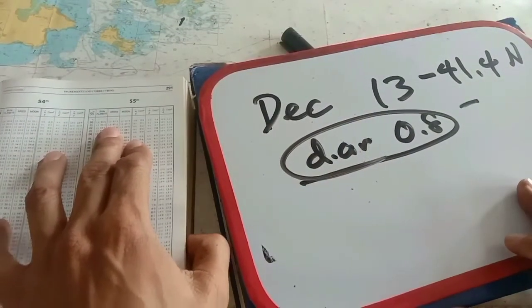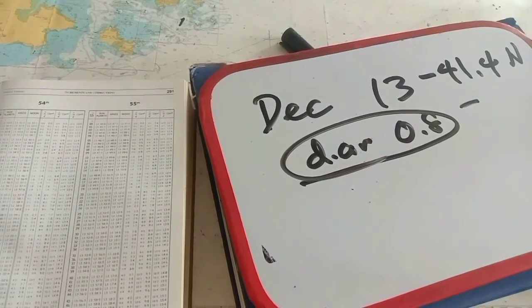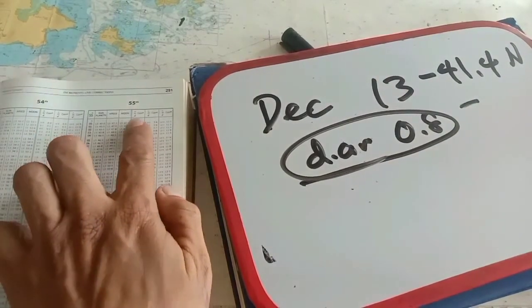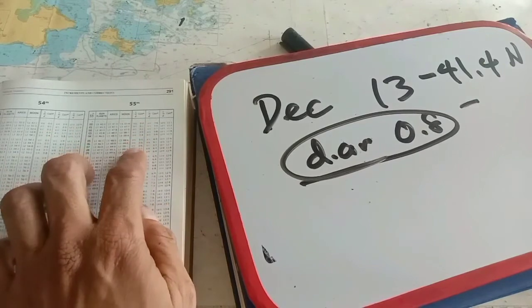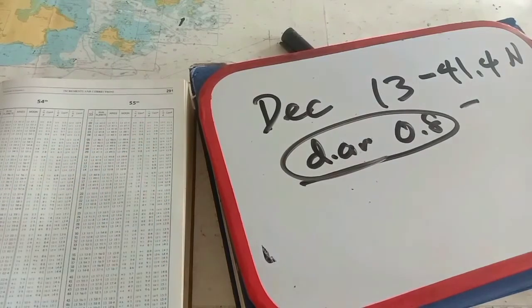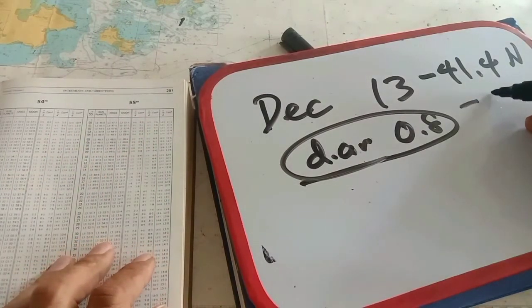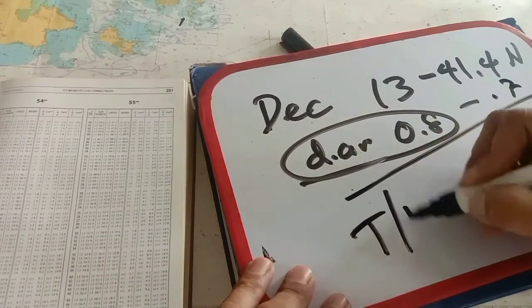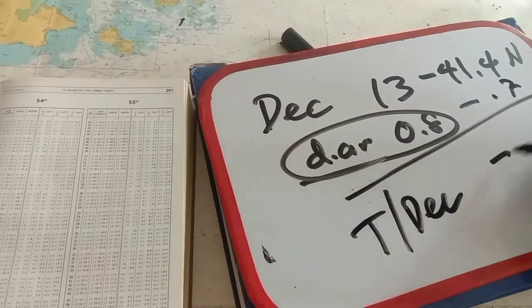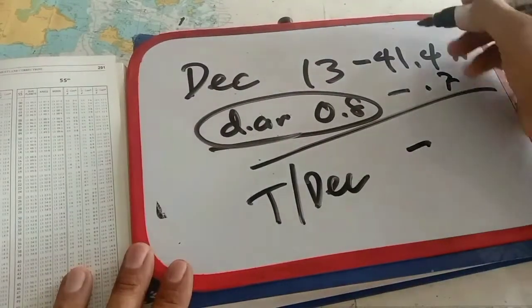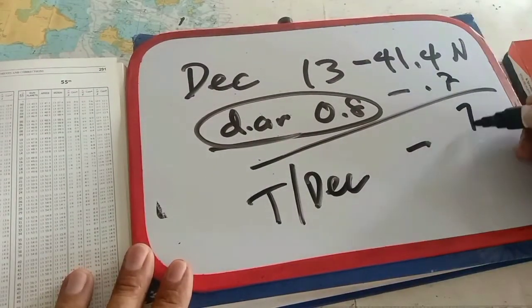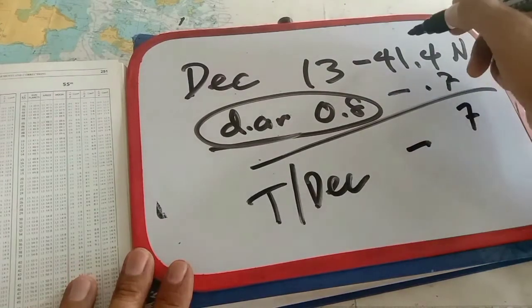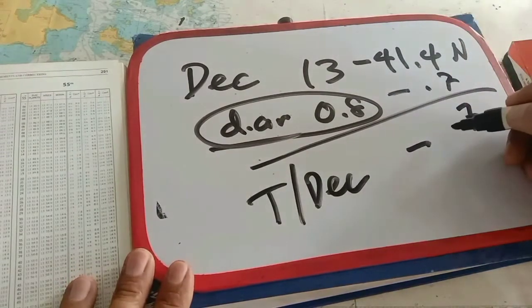So, that is why yan ang value ng declination correction. 0.8 is 0.7. So, minus 0.7. So, true declination will be 14, 7, then 10 na lang to.